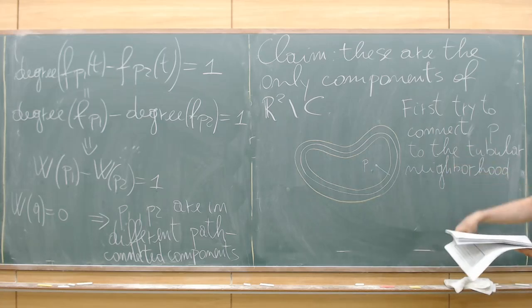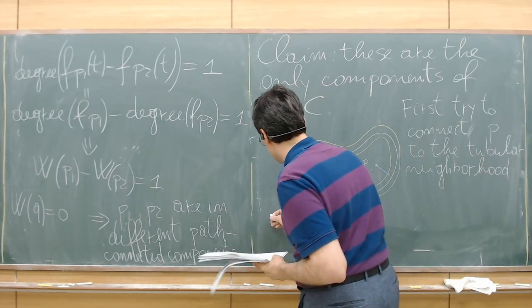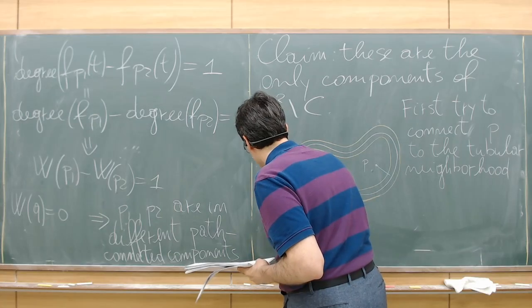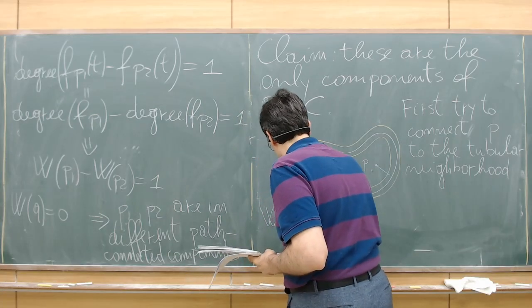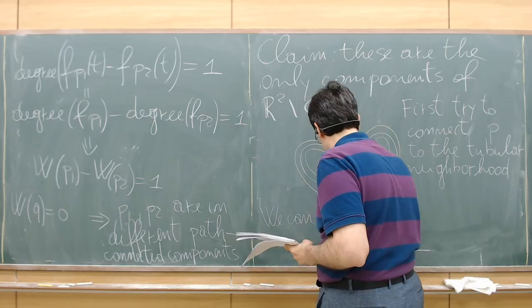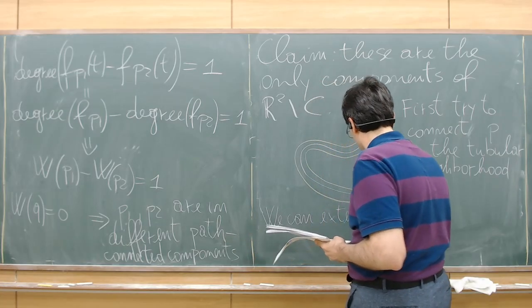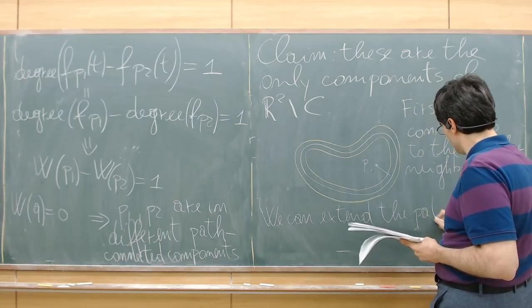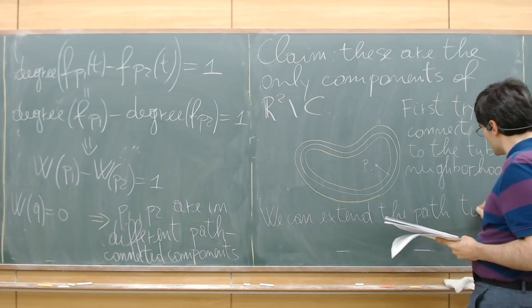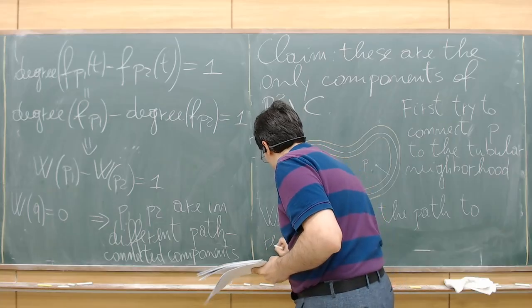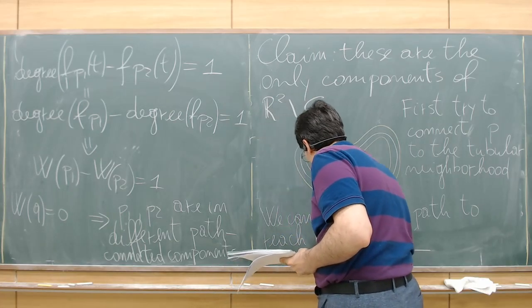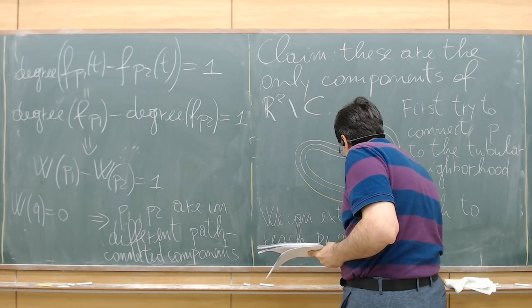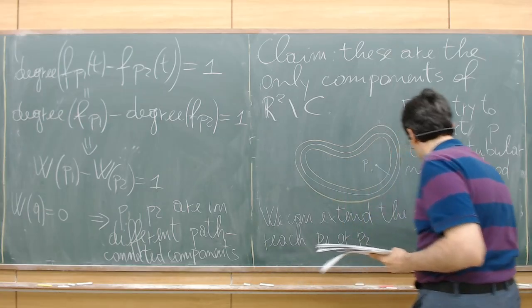And then once you are in the tubular neighborhood, you can extend the path to reach P1 or P2.